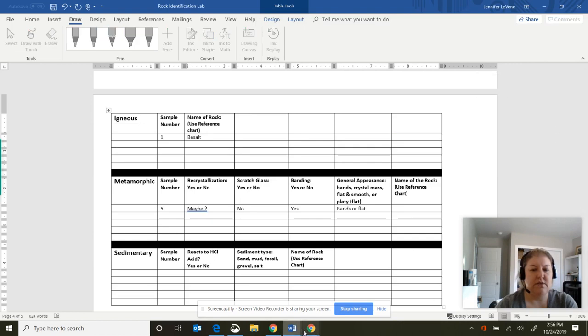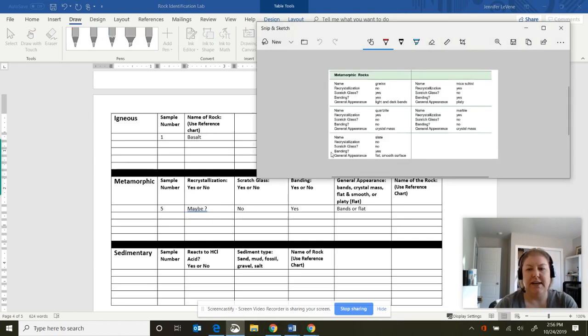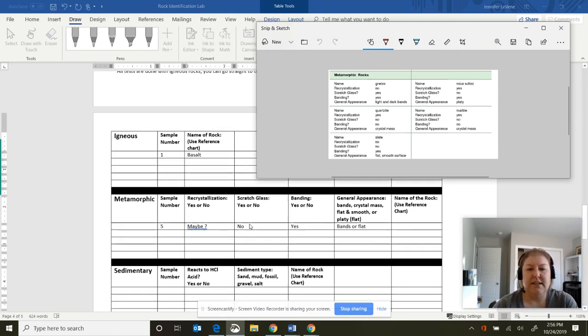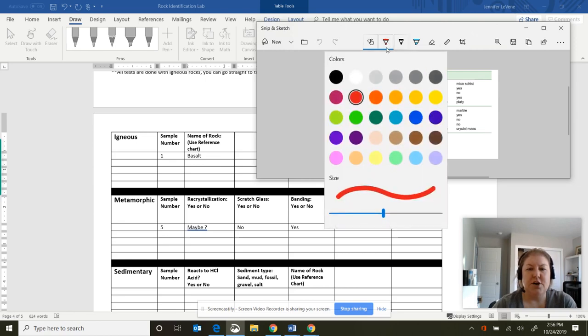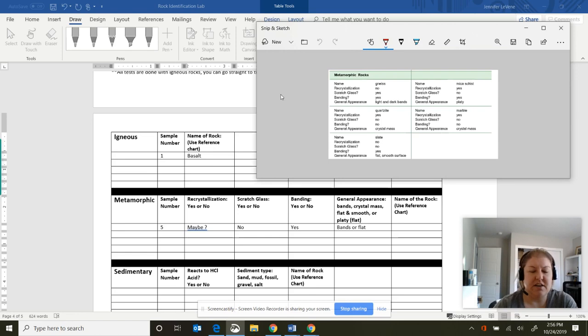Well, okay, we'll just leave this up. Like I said, sometimes you got to be creative. So we're going to try to figure out what rock it is. Again, it is a guessing game. So nice thing is our wonderful Snip and Sketch, I can draw on.